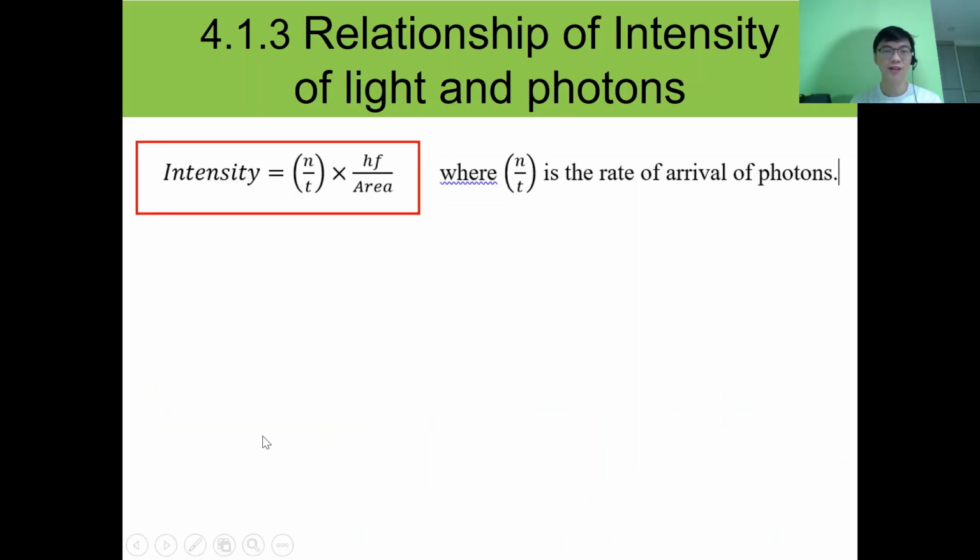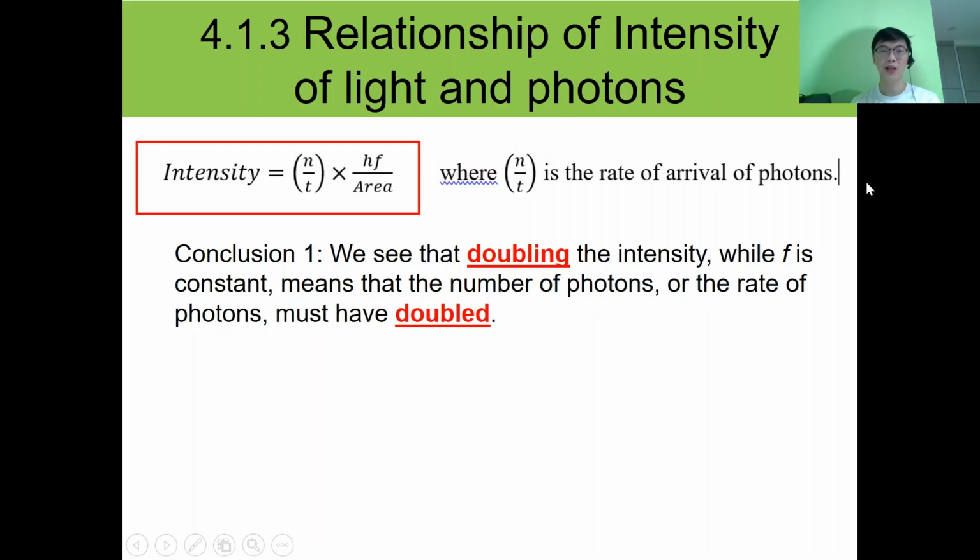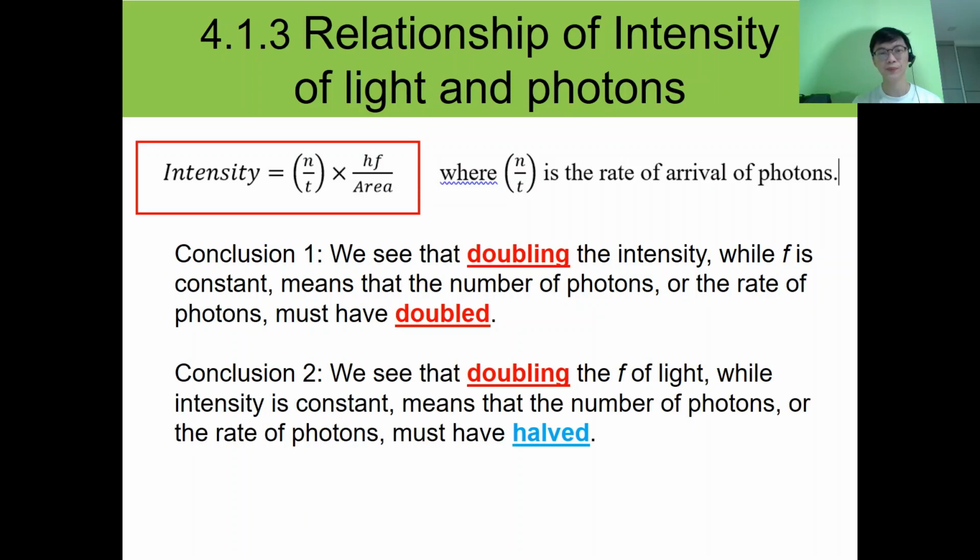Since we already have this idea that intensity is n over t times hf over area, where n over t is the rate of arrival of photons, we can conclude, and this is a very important conclusion, that if you double the intensity while keeping f constant, you will be doubling the number of photons arriving. Number two, if you double the frequency of light while the intensity stays constant, the number of photons must have been halved.